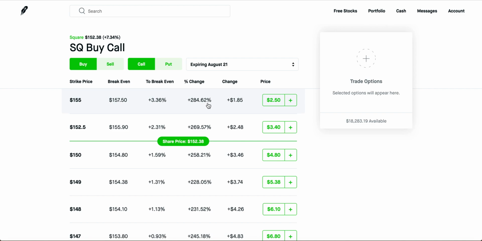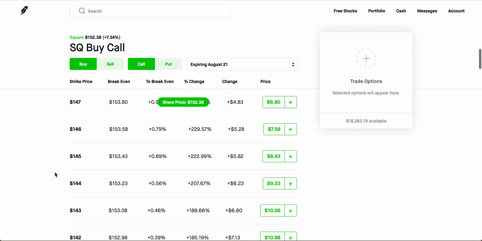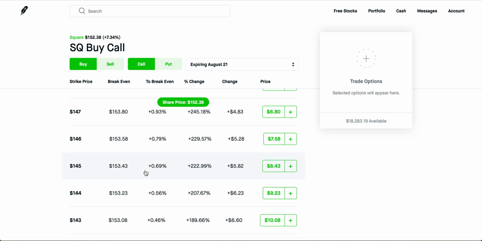That's why what I suggest, when you are buying, even intraday or weekly, is to always try to buy in the money. For example, it's 52. Think about it: if you buy the 145 option, you're paying $8. But you are already $7.38 in the money.